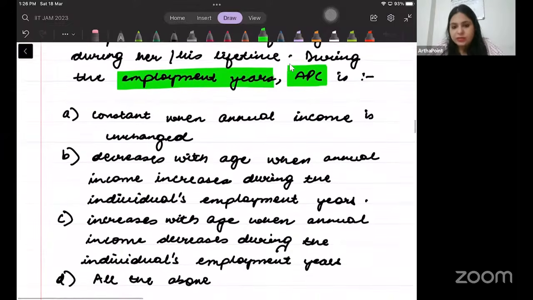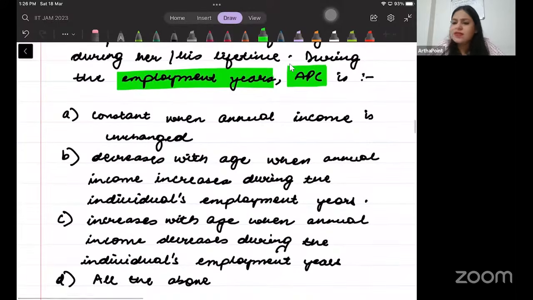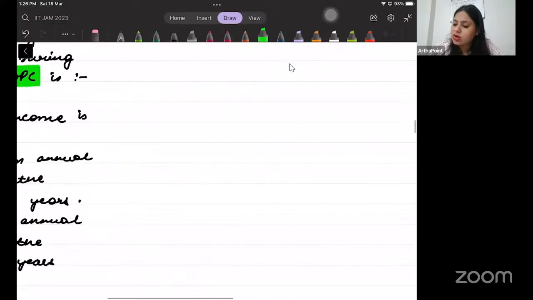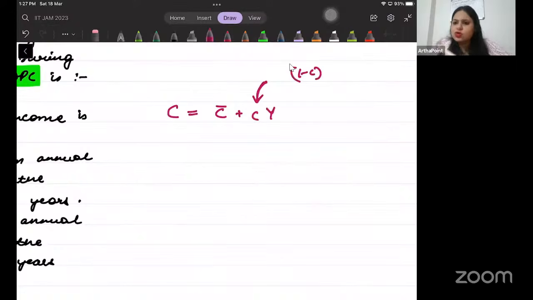So in a way, my consumption should follow the very usual consumption curve, right? So when I talk about my consumption curve, it should be C is equal to C bar plus CY. I'm consuming out of my income. And of course, if I'm consuming C proportion, I'm saving 1 minus C proportion, which I will use during my retirement.